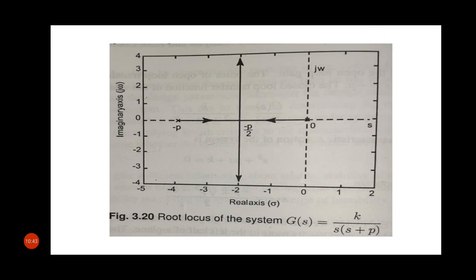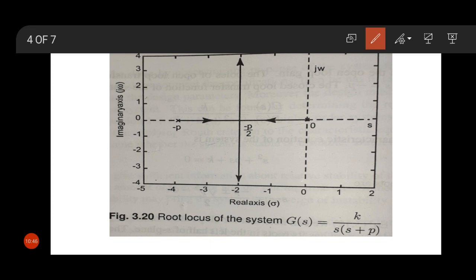Now if K equal to 0, the first root is S1 equal to 0 and S2 equal to minus p.